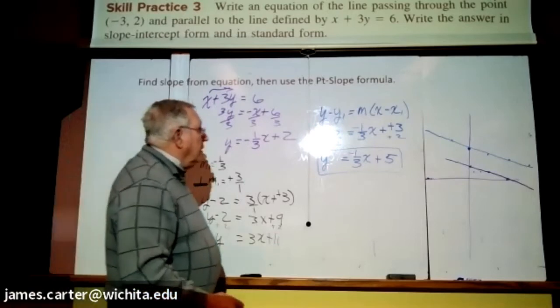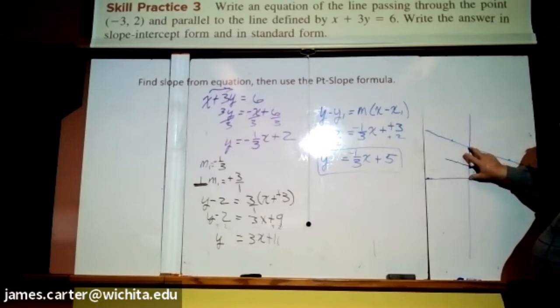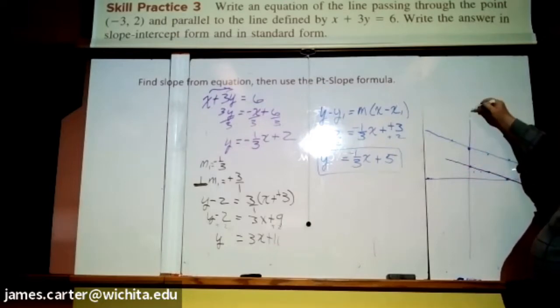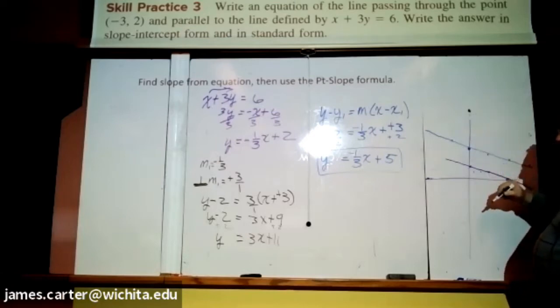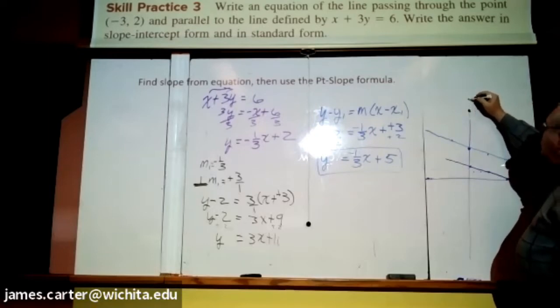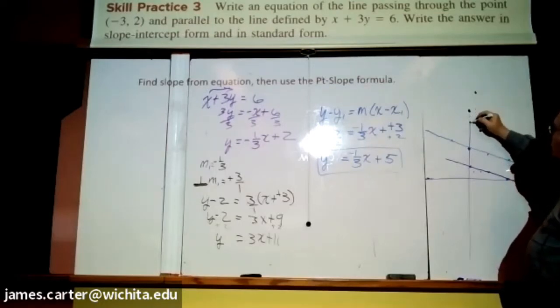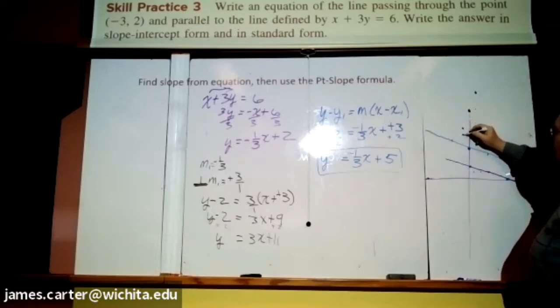Now we'll graph that. Here's 5, 10, 11 would be right there. Now, this one is going up 3 and over 1, or down 3 and over 1.